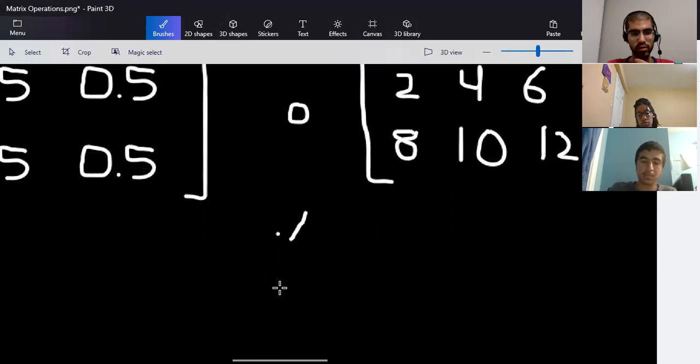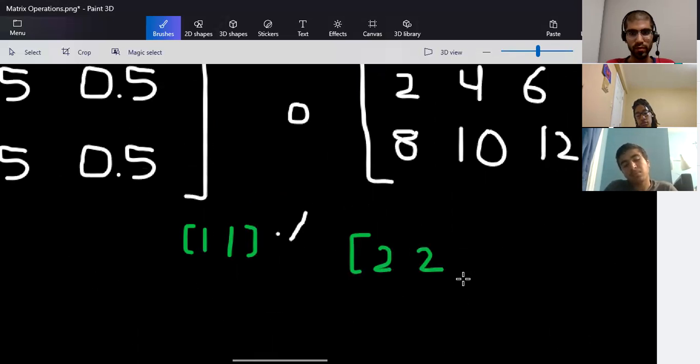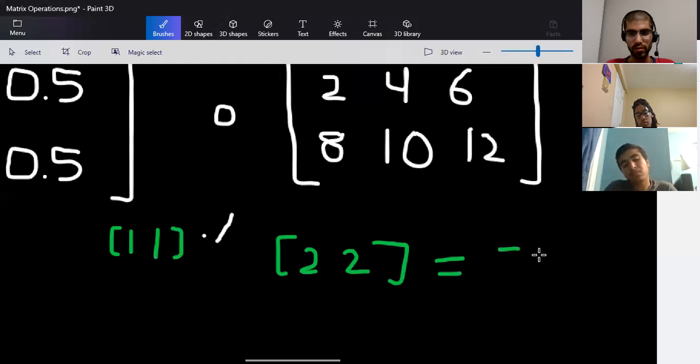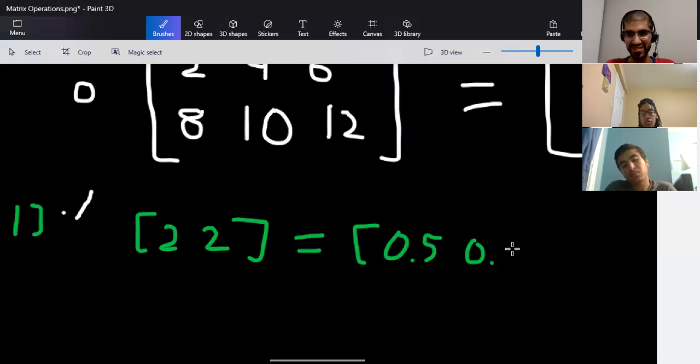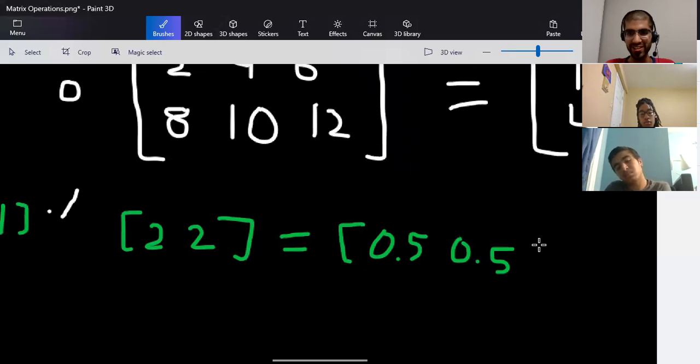It's like you could say 2 over 3 in just one number land. So when you're in a group of numbers land, you could say 1, 1, dot slash, and then 2, 2, and you would get 0.5 and 0.5. Not too hard. Yeah?